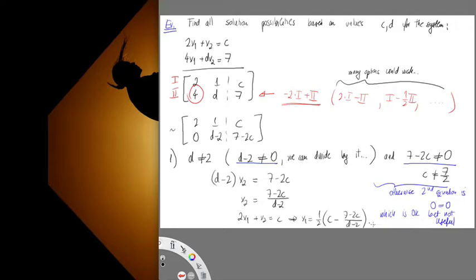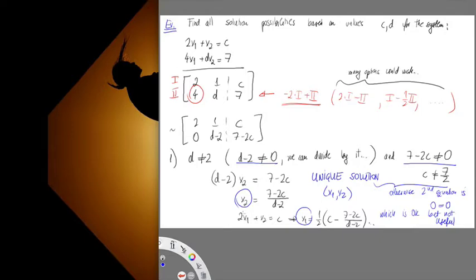So in case this is different from 0 and this is different from 0, I have a unique combination x1, x2 that solves this. So this is a unique solution x1, x2, and this is my x1, this is my x2. Yes?